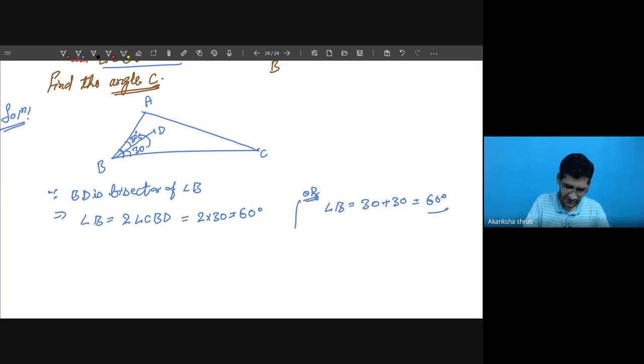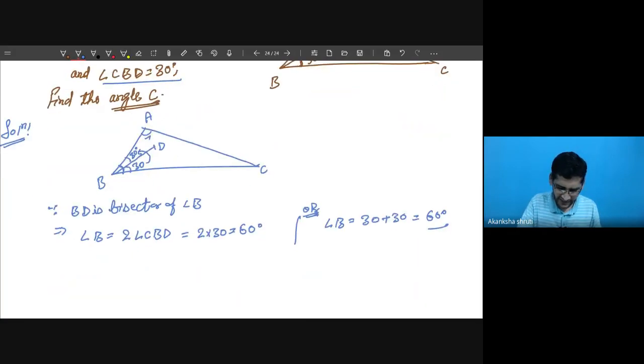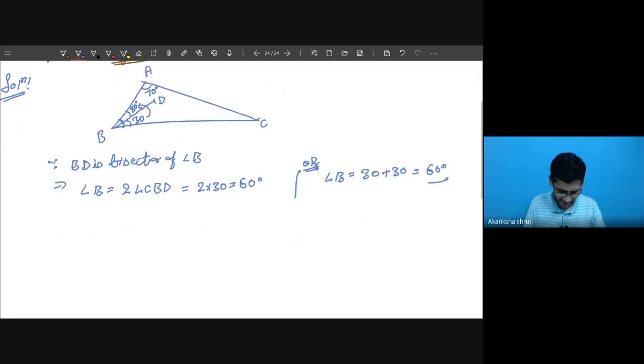And angle A is given as 70 degrees. Now since angle A plus angle B plus angle C is equal to 180 degrees, angle sum property. Very good.